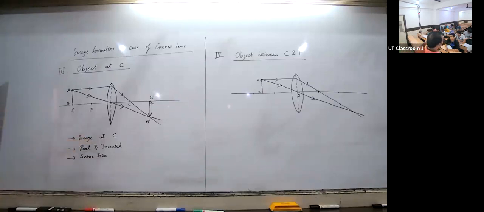It will follow the same path ahead. It will not retrace its path. It will just pass through the optical center undeviated, without bending. So when the ray is along the normal, in case of a lens, it will pass without any bending. Clear?